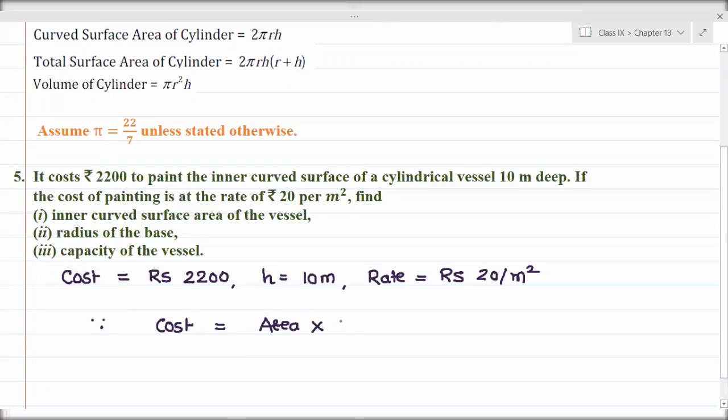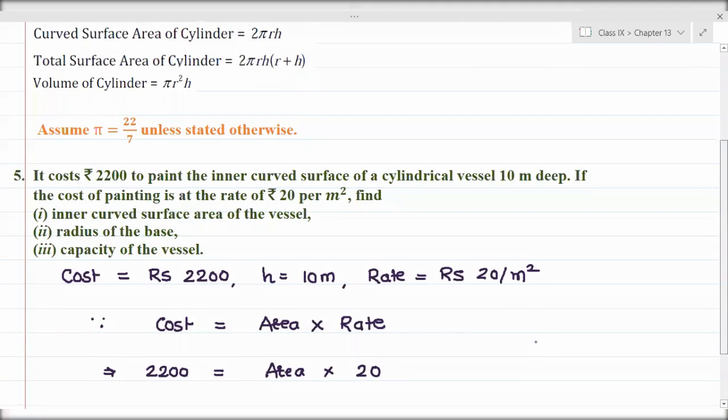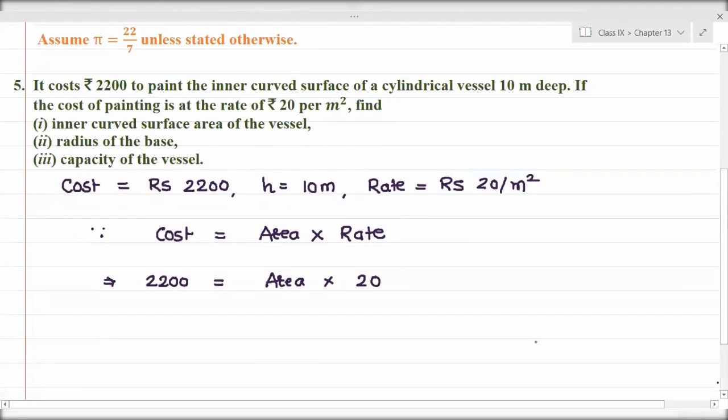Whatever area you are going to paint, if you multiply it with the rate, you will get the total cost. So here cost is given as 2,200, area I am keeping as it is, and rate is given as 20. Now if I bring 20 to the other side, I will get the value of the area.